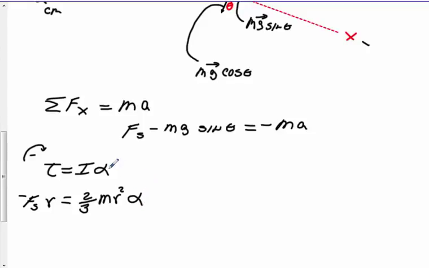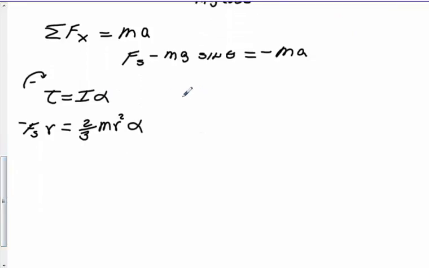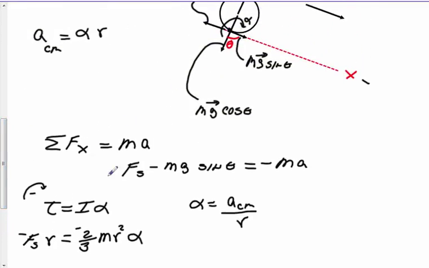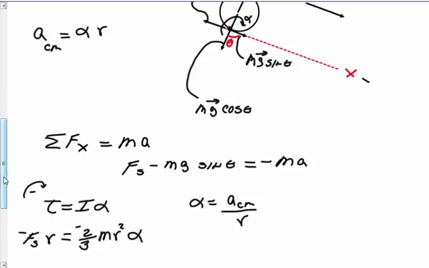Alright, we also know, as stated above, that alpha is equal to the acceleration of the center of mass divided by the radius. Now, one thing, I made a mistake here. Make sure you put a negative there, because we're showing angular acceleration to go this way, so it's also going to be negative because it's going clockwise.